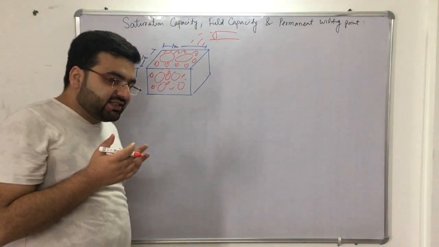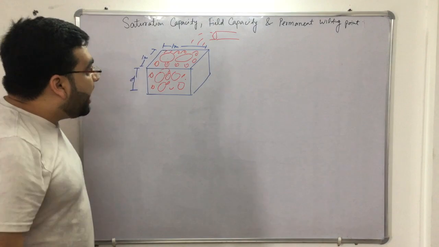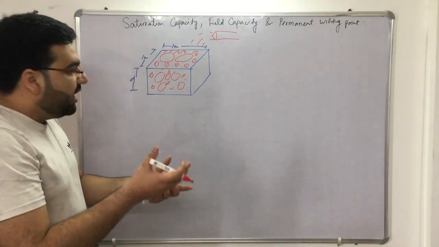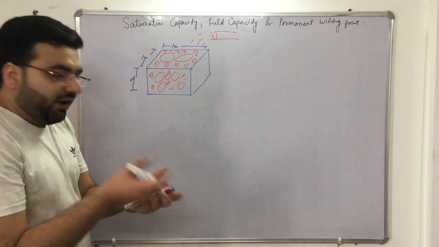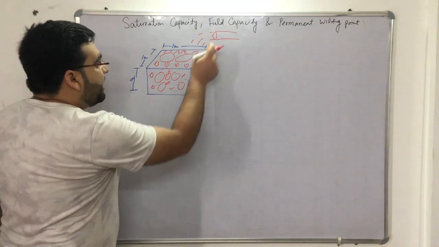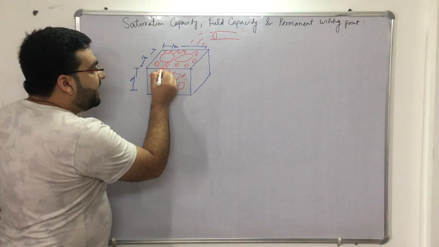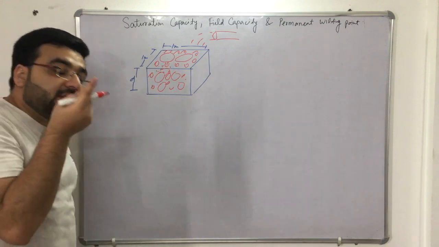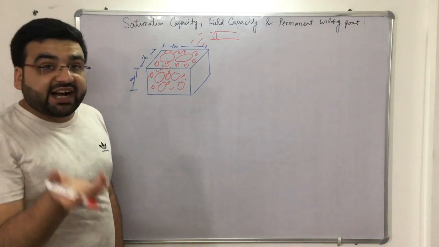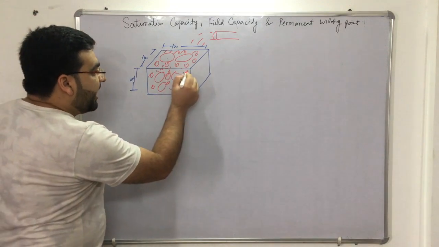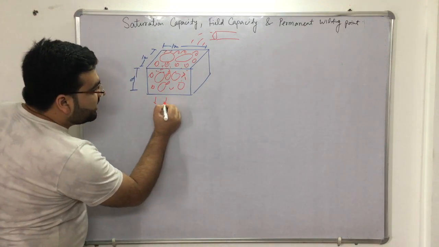So this is my common sense. Even when I was a kid, I used to play with soil, I used to make some toys with soil, right? What I noticed is that if I pour some water on a particular soil sample, some water will be retained. Where will it be retained? It will be retained inside the pores, or you can say inside the voids, and some water will come down.